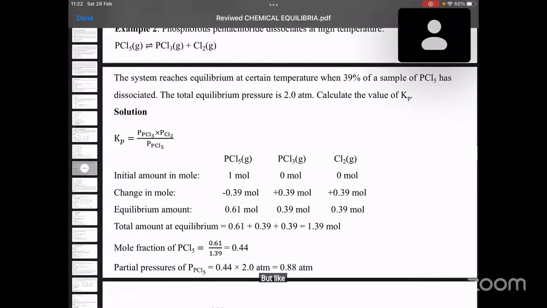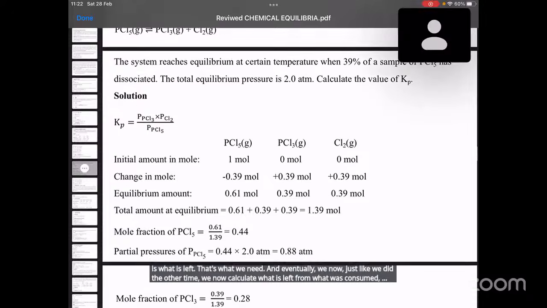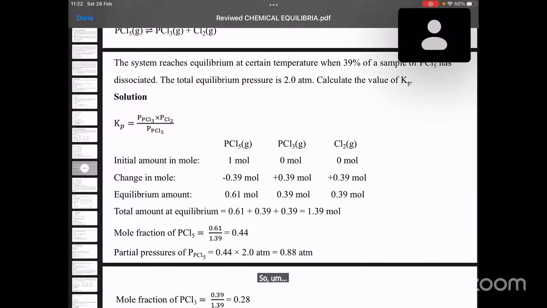But like I said earlier, what we're interested in is not what was consumed, it is what is left. Just like we did the other time, we calculate what is left from what was consumed. The 0.95 moles of products are still there, because that is what is left. But for the reactant, you need to subtract.